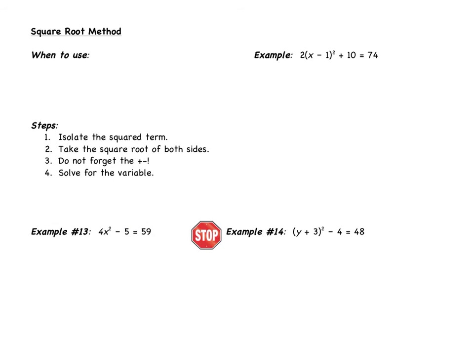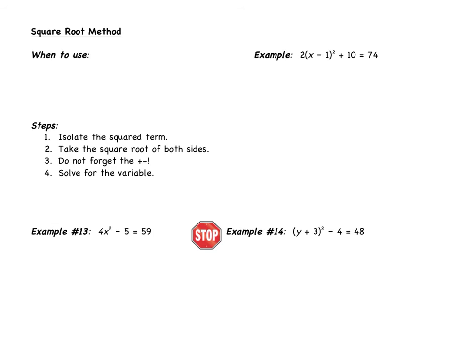Okay, so the square root method is another solving method. So far, the only solving methods that you've learned are solving by factoring, and I guess solving by graphing. So we've solved by graphing, we've solved by factoring. In previous classes, you've talked about the quadratic formula. So another method that we also have is the square root method.